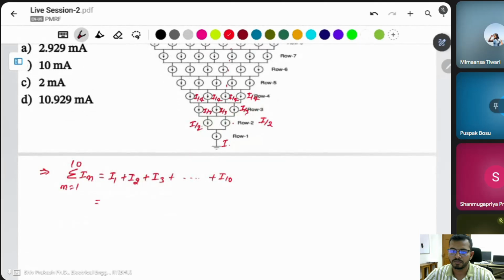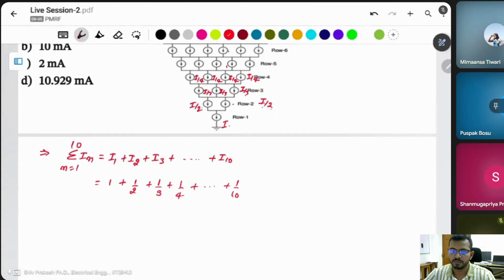I1 is simply 1 milliampere, taken as 1. I2 is I by 2, it means 1 by 2. This will be 1 by 3, 1 by 4, up to 1 by 10. Simply you can add all of these things and you will get the final answer.